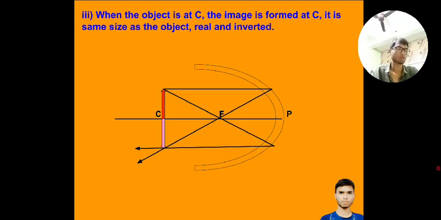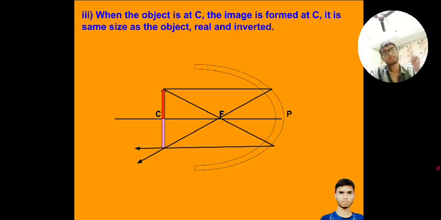Confidently we can say, because the distance is the same, the size would be the same. So remember, when an object is placed at the curvature, the real image will be at the curvature, and the size would be the same.